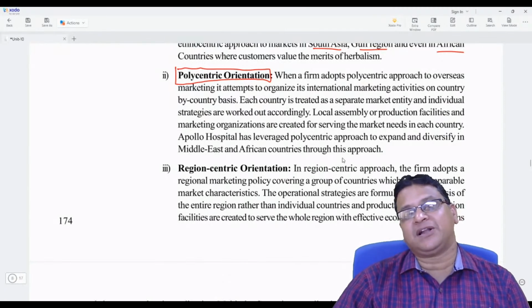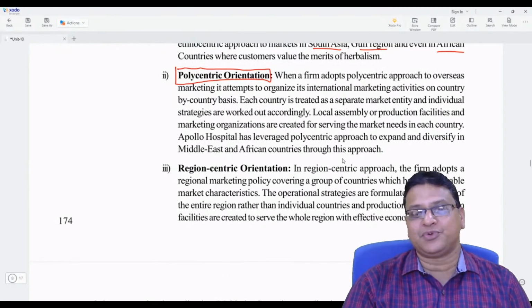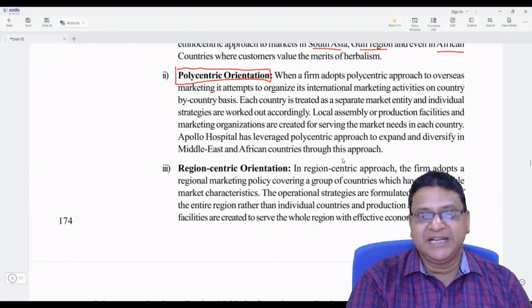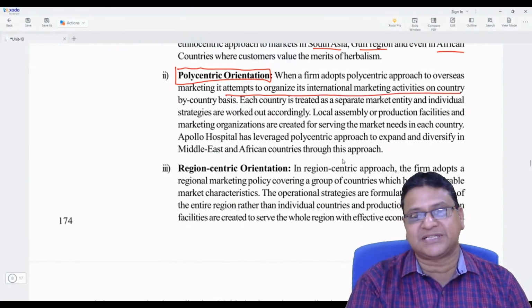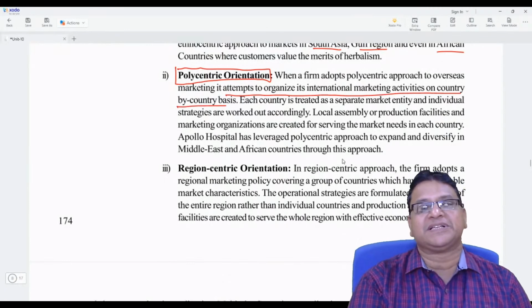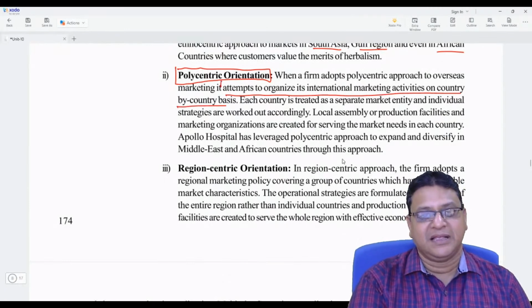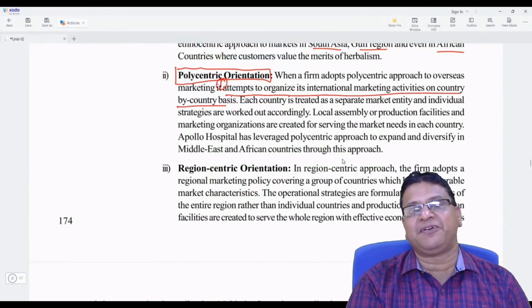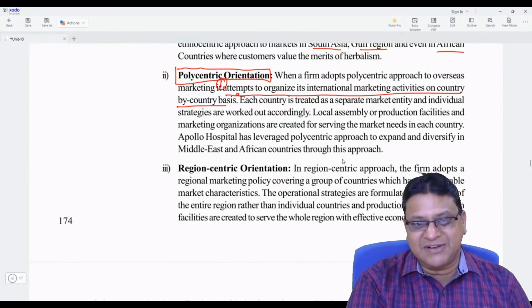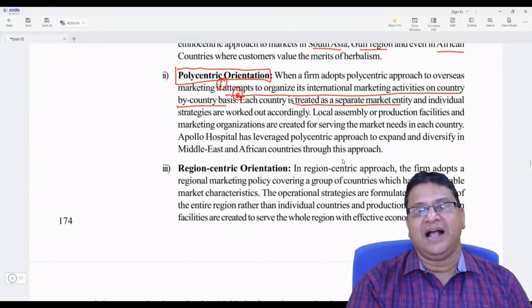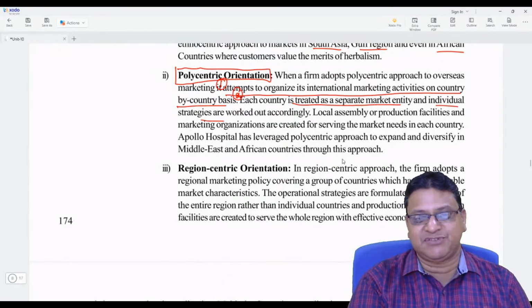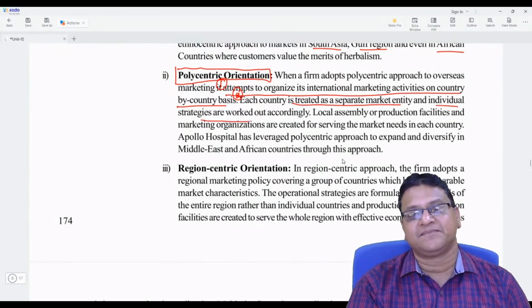When a firm adopts the polycentric approach to international business, it attempts to organize its international marketing activities on a country by country basis. Every country, a different approach. Each country is treated as a separate market and a separate strategy is worked out for that country.